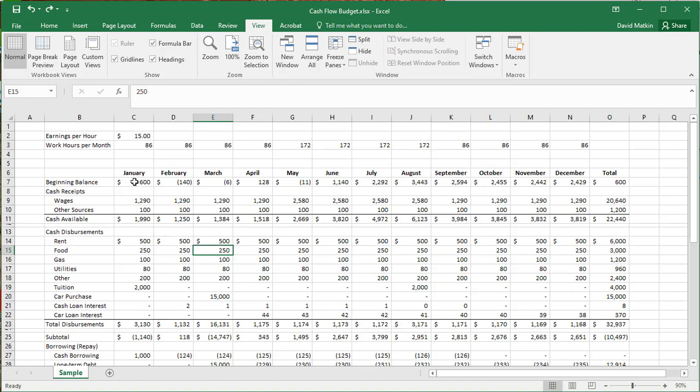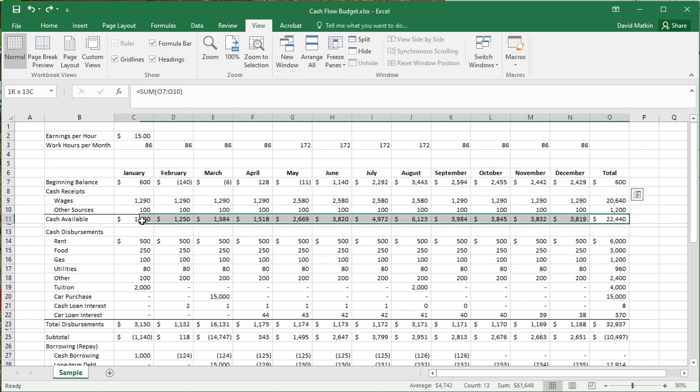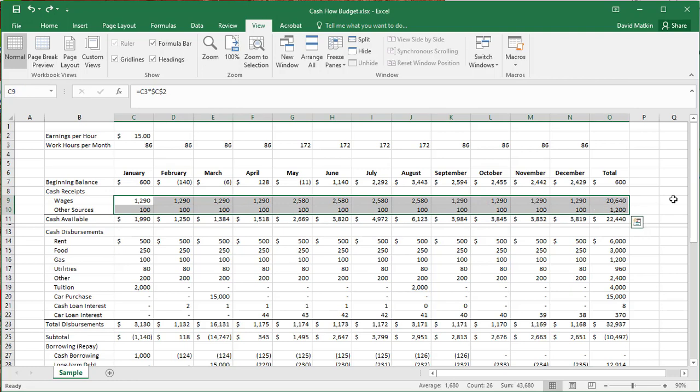Also, I want you to note that the section begins with dollar signs and ends with dollar signs, but in the middle I removed the dollar signs.